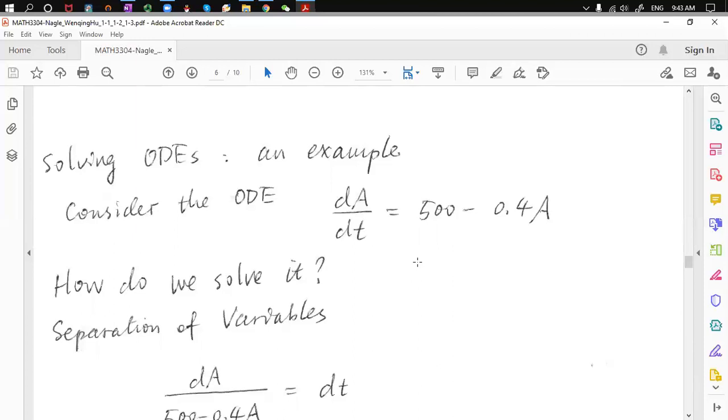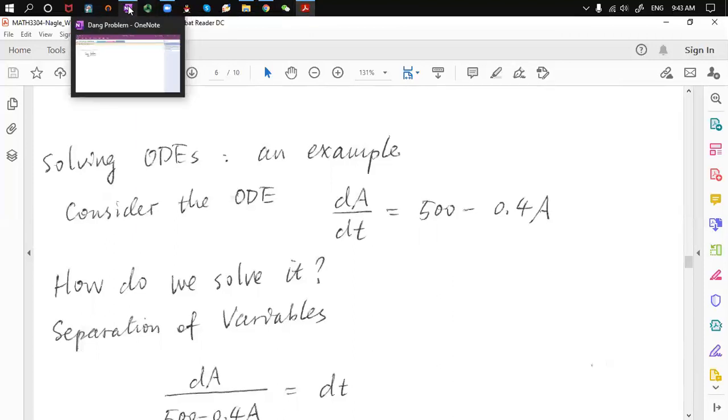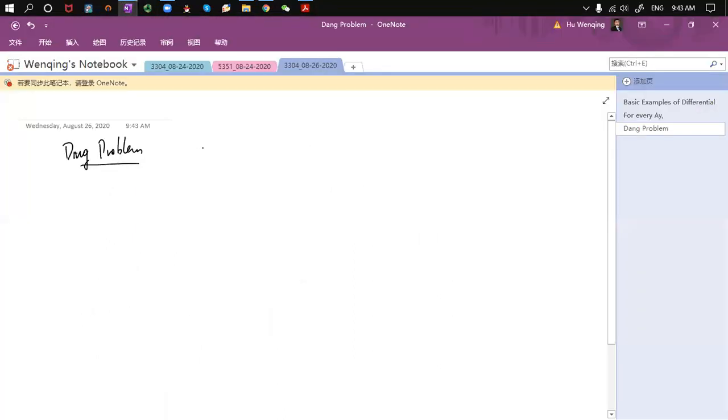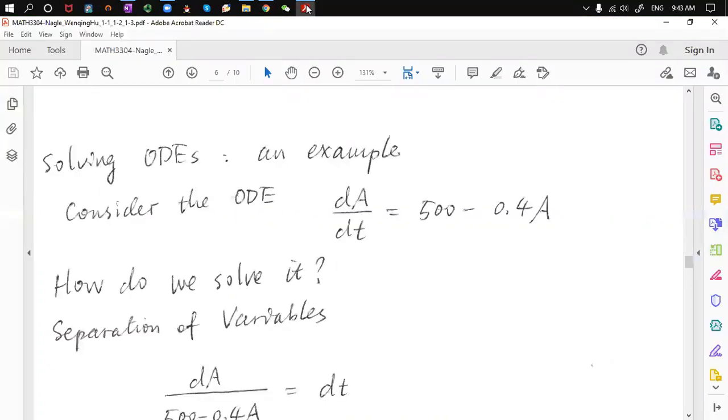The differential equation is established based on the principle that the net rate of change of a certain quantity is the inflow minus the outflow. So the differential equation is dA over dt equals 500 minus 0.4 multiplied by A. That's the differential equation we talked about on Monday. Now the question is, how are you going to solve this differential equation?